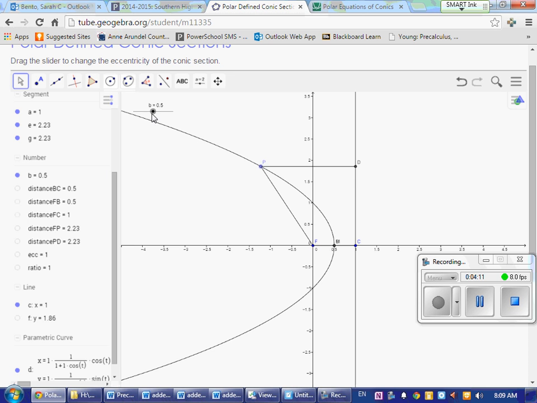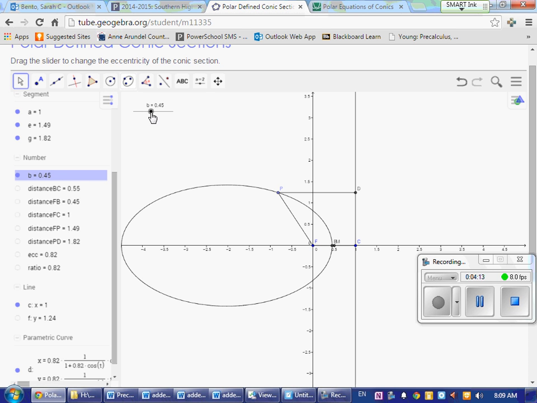So now let's go to a different shape. Let's make an ellipse. Okay, this ellipse has eccentricity 0.82. So I'm going to move P, focus on FP and PD. As I move the point P, how do you think I'm getting 0.82? It's a fraction of what? Yeah, let's double check that on calculators.